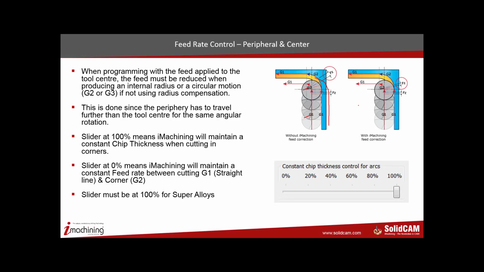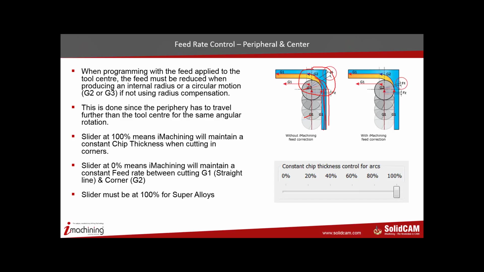The same applies even to this. So if you use the same feed rate at the center, that means my periphery has to travel much faster to maintain that feed rate. And when the periphery travels much faster on this corner, I actually increase my chip thickness. And this is what we talked about in the beginning, chip thickness variation. So you actually get a chip thickness variation when you're moving on a straight line onto a corner.